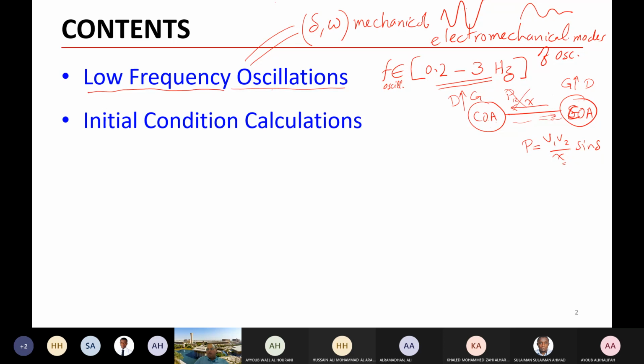So this generator becomes a motor. So you have what we call the pole slip. Of course, in the protection system, you have to protect your generator and isolate it. So you have the out of step relay. Yes, out of step relay. Okay.